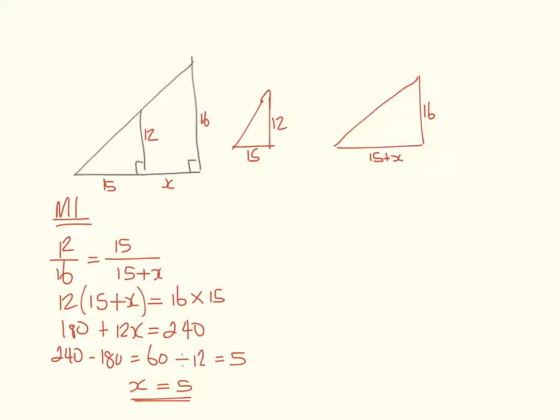If you decide to go for method 2, so I'm going to put M2 here for method 2, then find the ratio first. So I will go from the smaller one to the bigger one. So my ratio then will be 12 to 16.